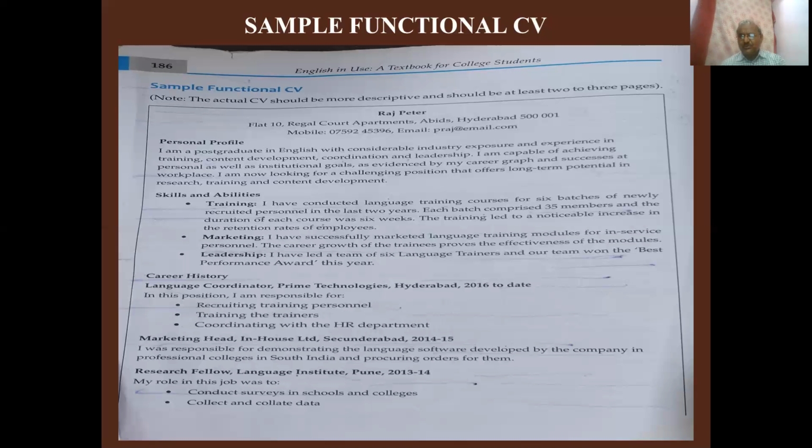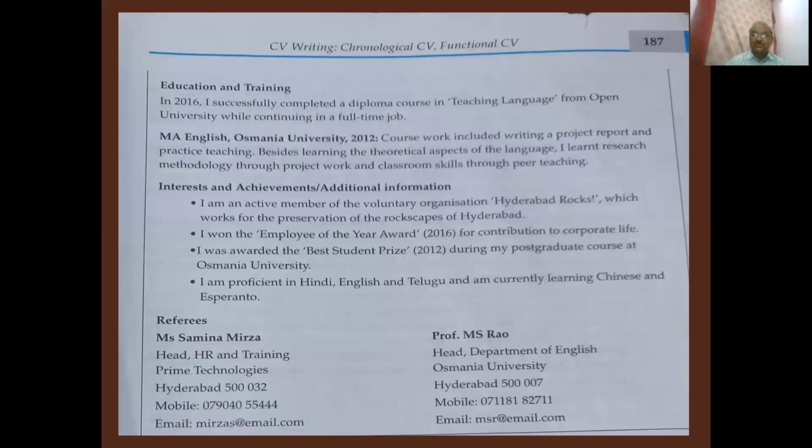He doesn't invite you for an interview, for a group discussion, or for any employment. He just goes through the CVs presented by the unemployed. So when you present your information in such a manner through this functional CV, you are going to create a good impression in the mind of that employer. So this is called a sample functional CV.